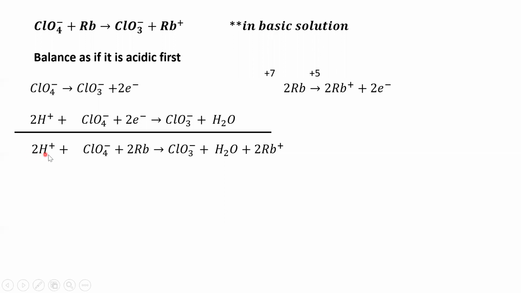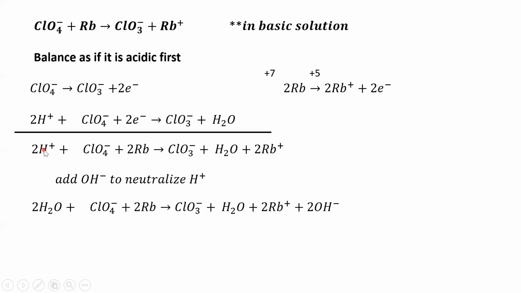So since we have 2 hydrogen ions here and we want to make it a basic solution, we're going to have to add 2 hydroxides here to cancel out our hydrogen ions. And if we add 2 hydroxides, that's going to give us 2 waters on the reactant side. And we have to add 2 hydroxides to the product side to keep it balanced.